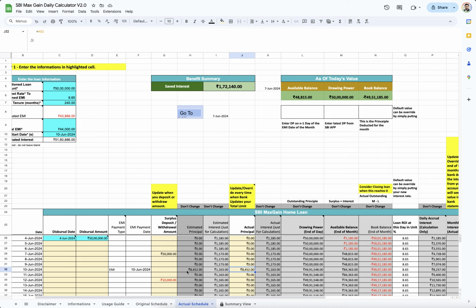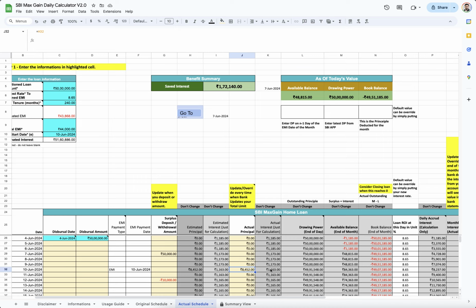So what you just need to do is, every month when your EMI is getting deducted, after 1 or 2 days, once the job is run by the bank, it will be reflected in your account. Just check out that value, take the difference.